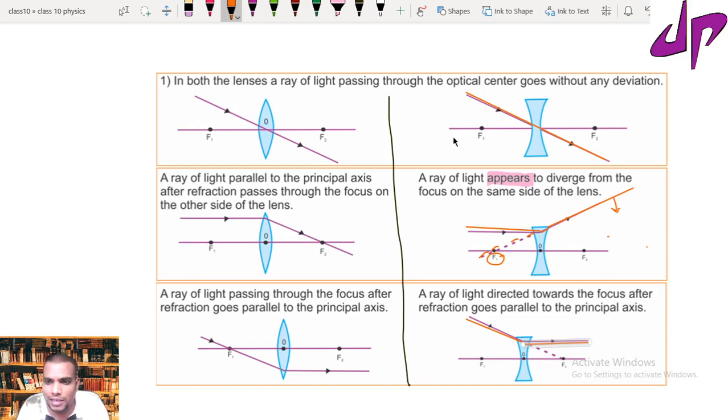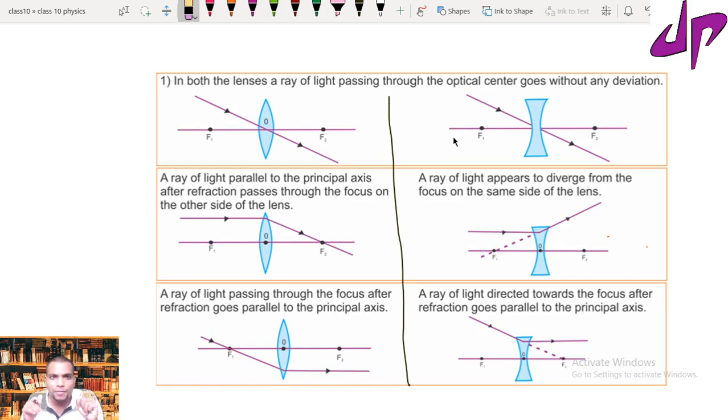Now this rule we can say: a ray of light directed towards the focus, after refraction goes parallel to the principal axis. So these are similar rules to what we learned in mirrors, and the same rules we can use for the lenses in a different manner. That's it.